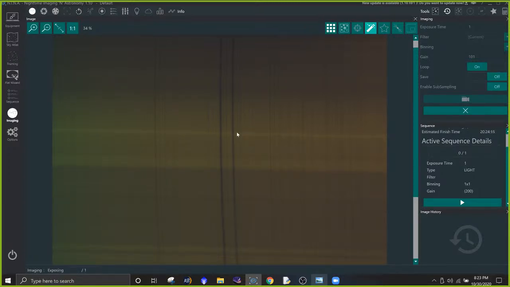These are the two strongest lines of sodium. So this is where we usually get a lot of light pollution. If I was in a sodium light polluted place, I could point this spectrograph into the sky and I would see these two lines appear due to these sodium vapor lights.